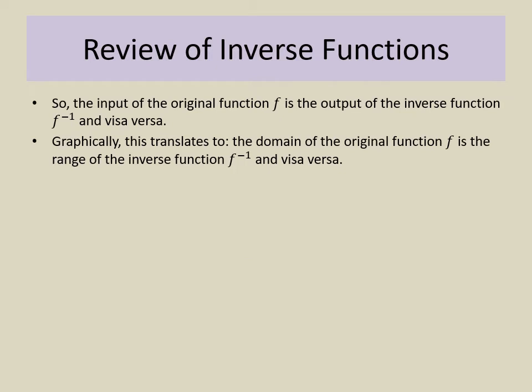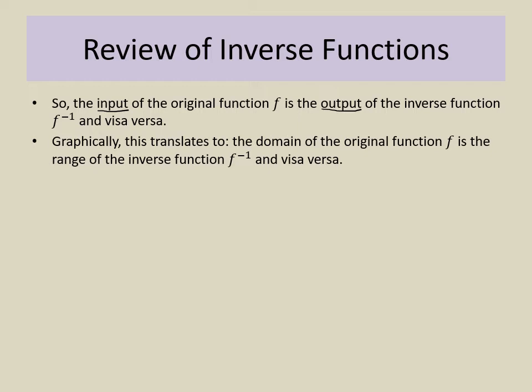So now we're going to talk about graphically what the function looks like and what the inverse function looks like. As we just mentioned, the input of the sine function is the output of the inverse function and vice versa. So what does that look like graphically?